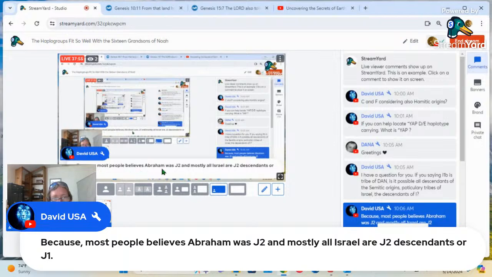Most people believe Abraham was J2, and mostly all Israel are J2 descendants or J1, right, with the exception of Dan and Asher. And J2 has multiple lineages as well. M172 is not the only J2 lineage. There's a number of other ones besides M172.